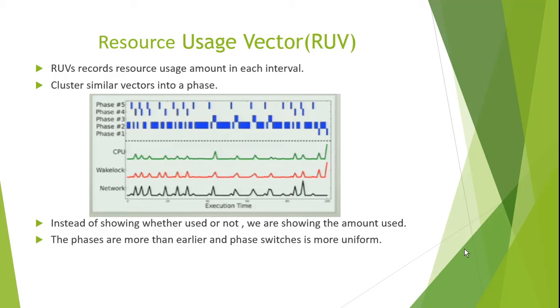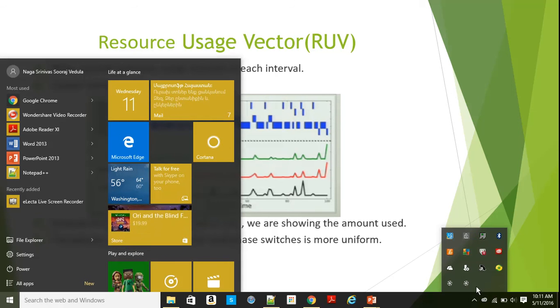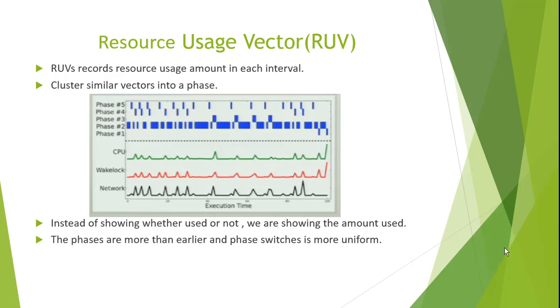And as is evident, there are 5 phases which are consuming more space, and the control is switching between the phases more frequently. So this would help in categorizing phases and their resource usage in a more effective manner.